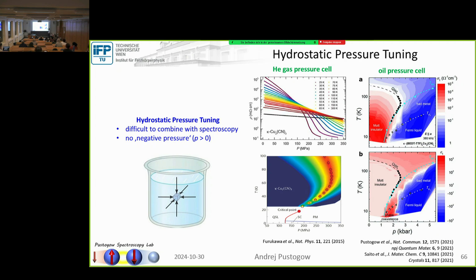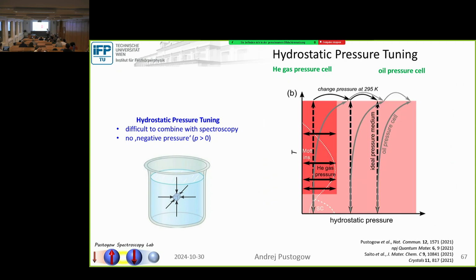But the oil has the problem that when you cool it down, the oil freezes, and then you cannot change it at low temperature anymore, as we can see here. With helium gas, you can increase and reduce pressure as you want, until at low temperatures the helium also freezes. But yeah, below 10 Kelvin or something.